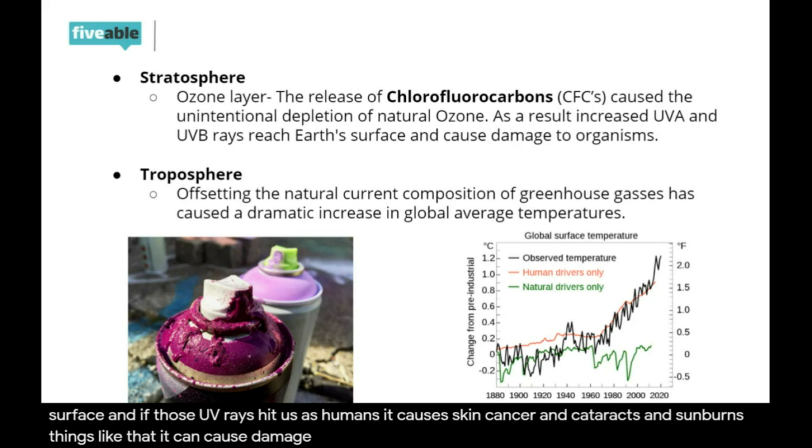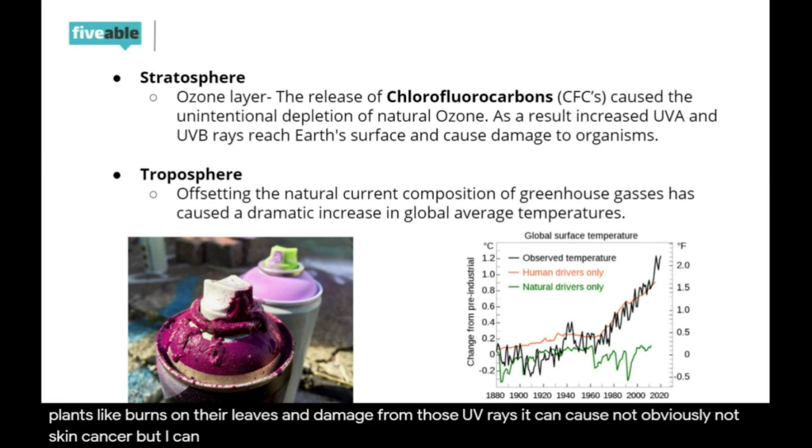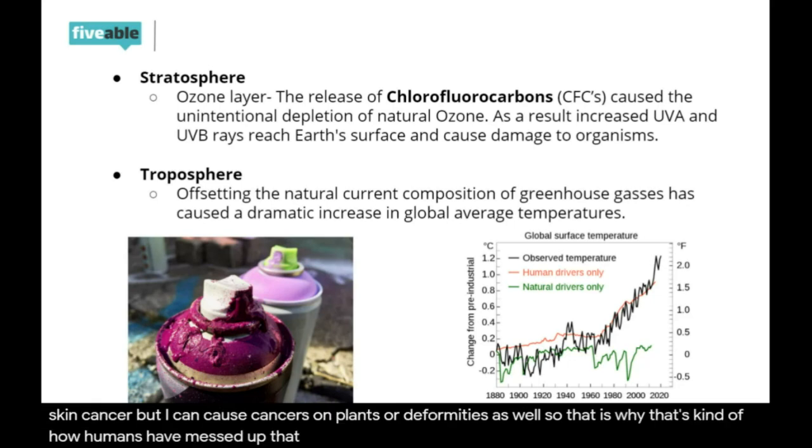It can cause those same things in any animal as well, and it can cause plants burns on their leaves and damage from those UV rays. It can cause not skin cancer, but cancers on plants or deformities as well. So that's how humans have messed up the ozone layer, and how it has led to damage to us.